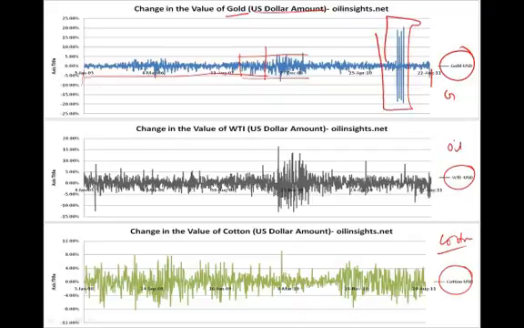I don't know what point of the year this is. This could very well be the collapse of the euro last year, but I'm not sure. Anyhow, what I'm seeing is that the range in terms of price movement is about plus and minus 5%, and this is what we call daily return.